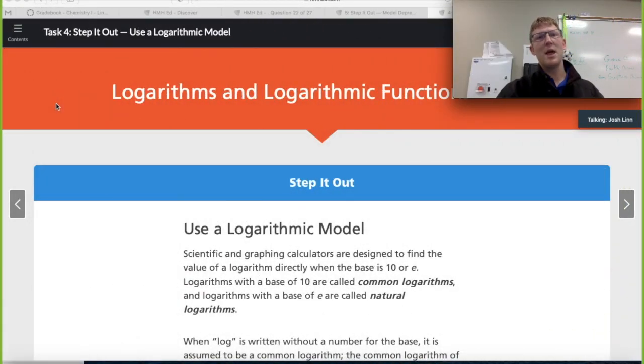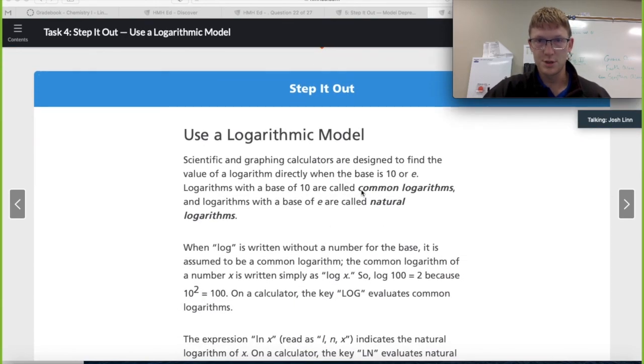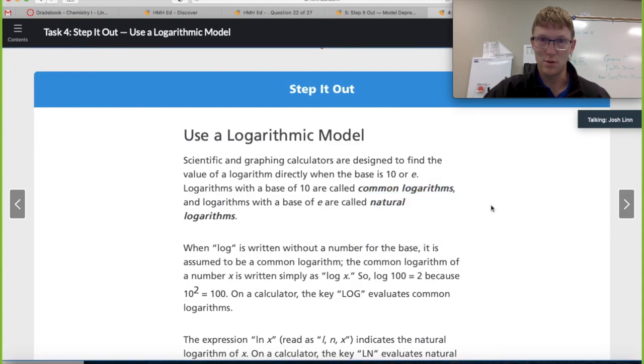So, using a logarithmic function. If you haven't noticed already, on your calculator there is a log and a natural log button. The log on your calculator refers to a common logarithm, and the ln refers to a natural logarithm.